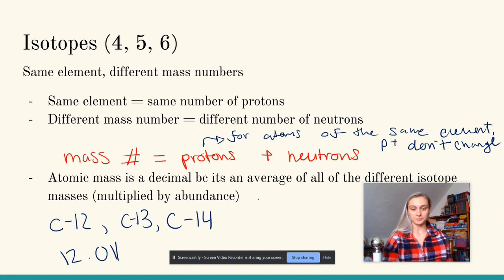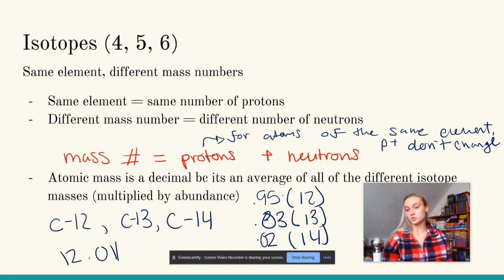So it takes into account the abundance of that isotope. So say carbon 12 is the most abundant, say it's like 95% abundant, you'd multiply that by 12. And then, I don't know, carbon 13 is like 3% abundant, and that's 13. And then carbon 14 is 2% abundant, and that's 14.